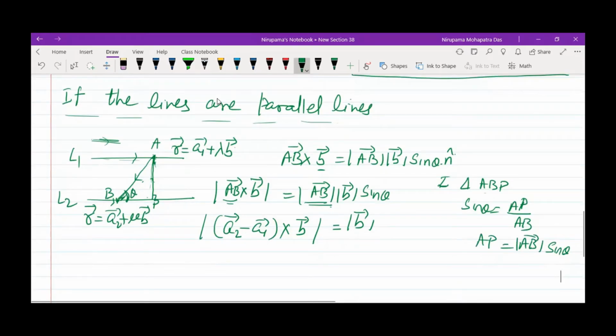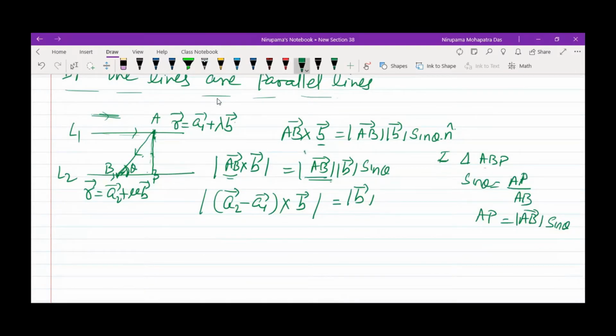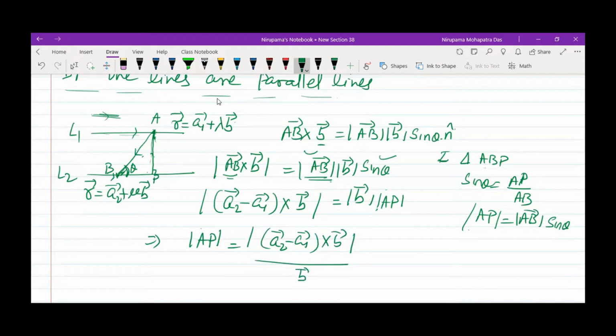Magnitude of AB into sine theta is your AP. So the length of AP, the line segment, you may or may not take as a vector, because it's not necessary; we are interested only in the line segment. So AP line segment equals magnitude of A2 minus A1 cross B divided by magnitude of B.